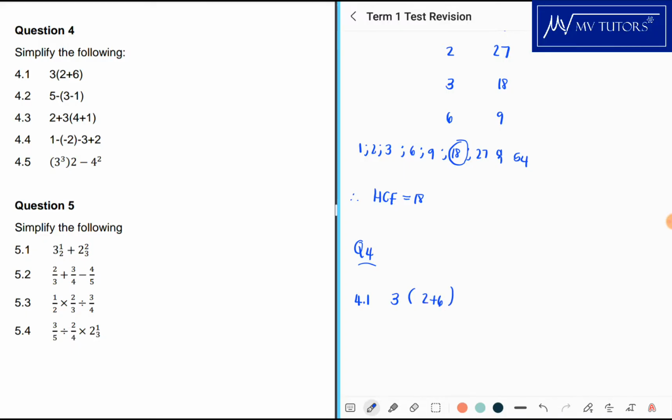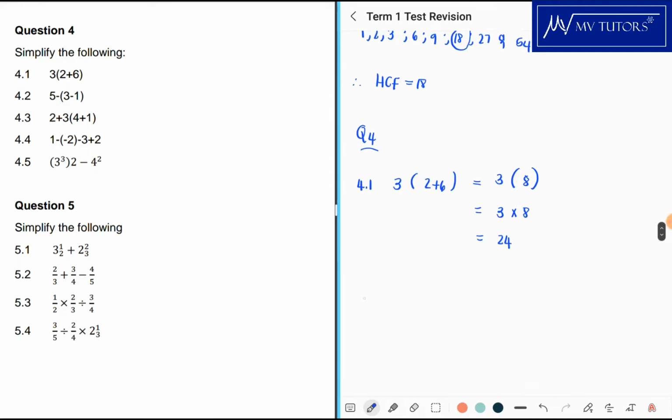According to BODMAS, we need to deal with what's inside the bracket first. What's inside the brackets? We have 2 plus 6, which is 8. So it's the same as saying 3 times 8, and you know your multiplication tables, that is 24.